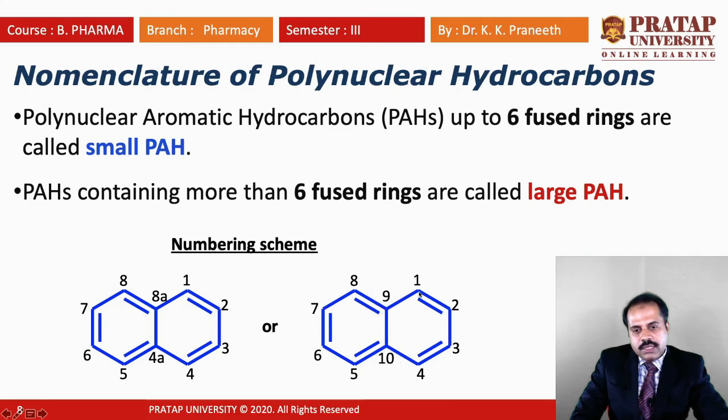So, basically it comes like a cycle: it goes from 1 to 8, then 9 and 10, a cyclic scheme. Either numbering scheme is fine. So, this is how you number the polynuclear hydrocarbon.